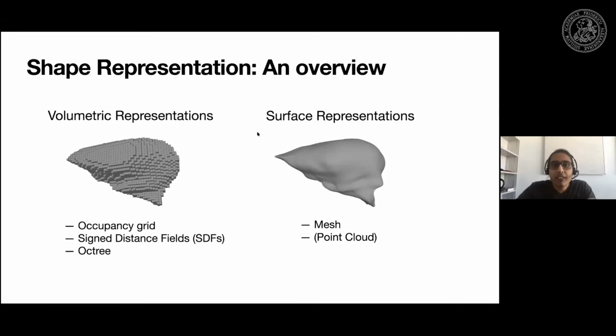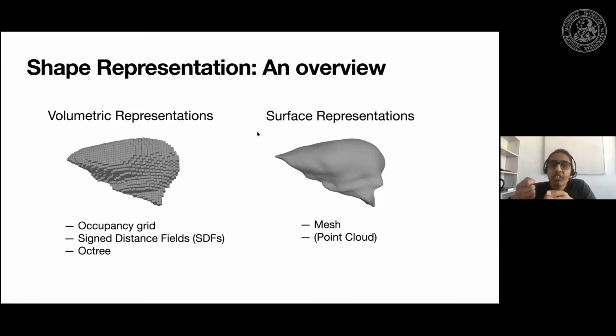Here I have shown an image of a liver extracted from a CT scan, in volumetric representation, which is represented using an occupancy grid.